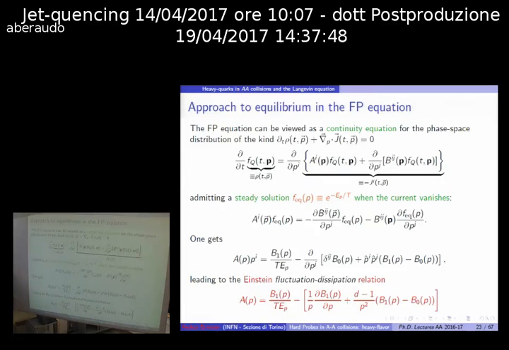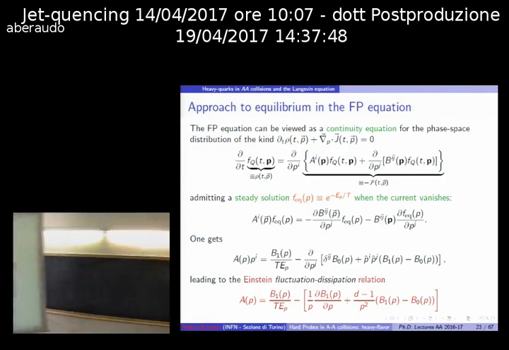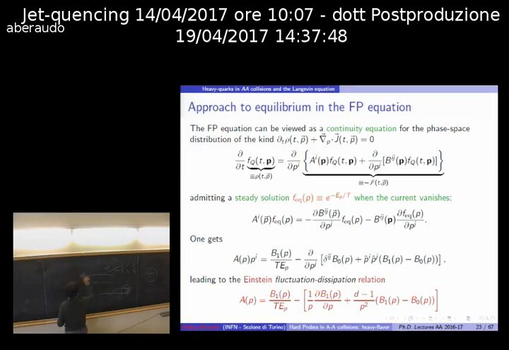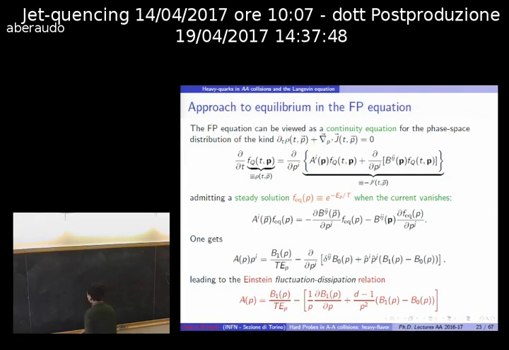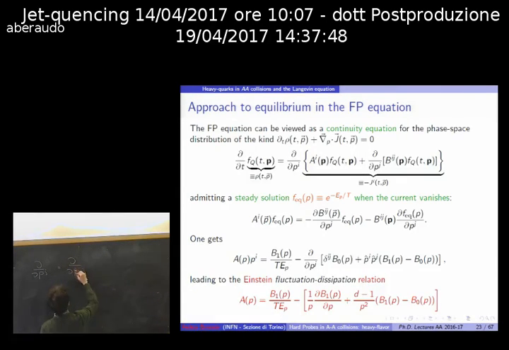Also, a derivative with respect to pj of something I can write as a derivative with respect to p, where p is equal to the square root of p_i p_i, times the derivative of p with respect to pj.